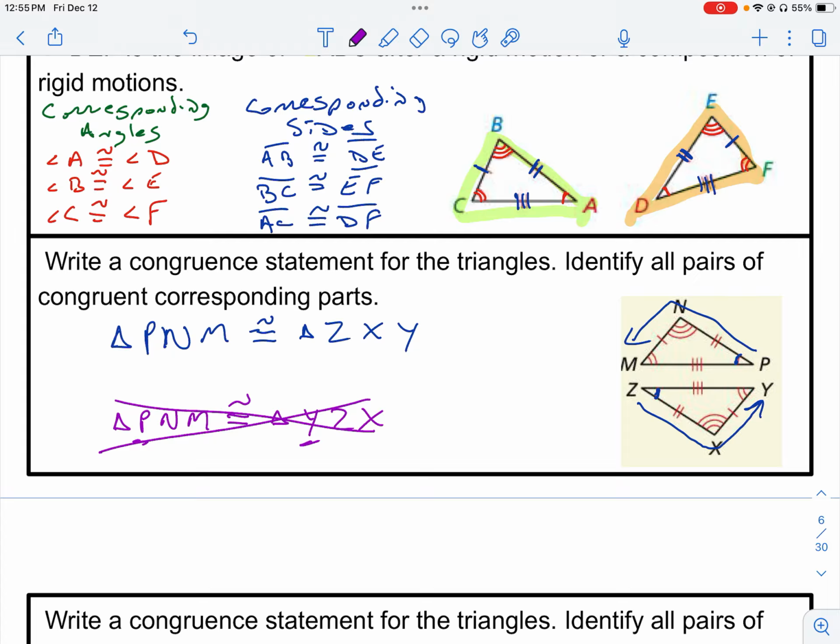Name the first figure and then match the second figure to it so that whatever angle's in position 1, its congruent angle is in position 1 of the second figure. Whatever angle's in position 3, its congruent is in position 3. All the way down the figure, however many sides there are.